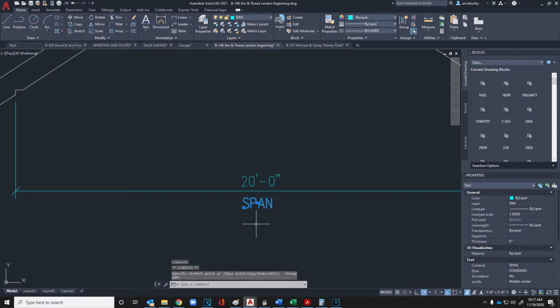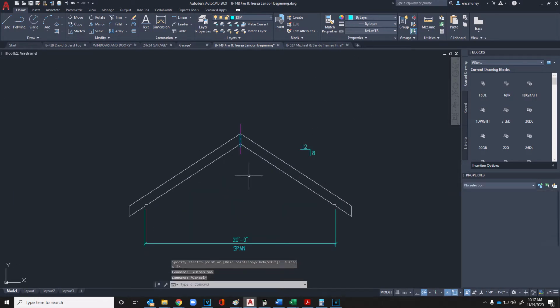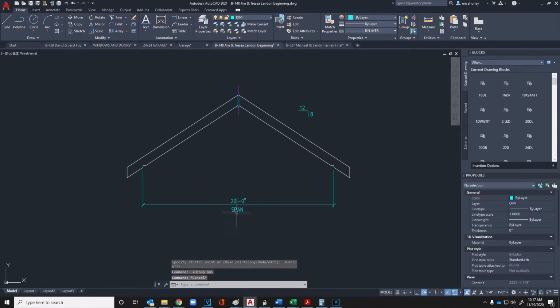And we need to know our run as well. So we know that our run is equal to half the span. Run equals the span divided by 2.